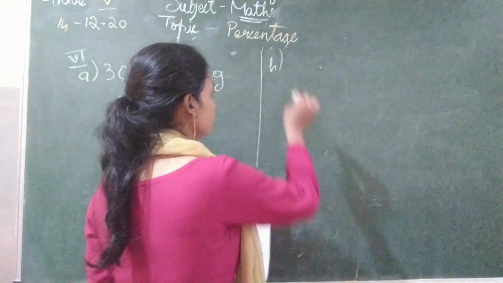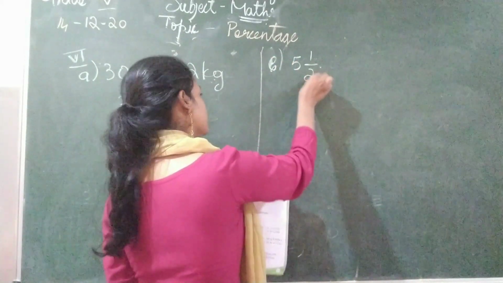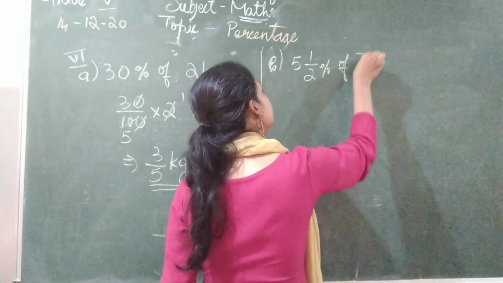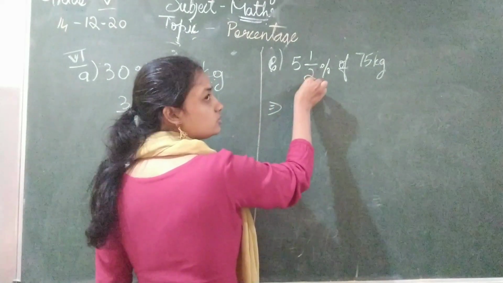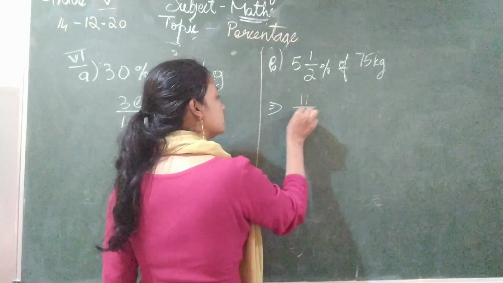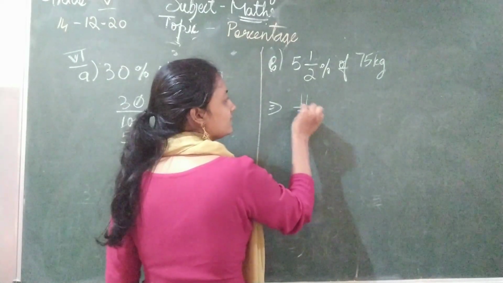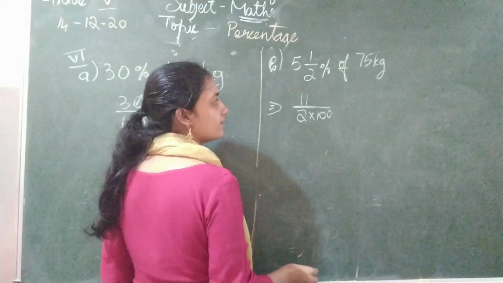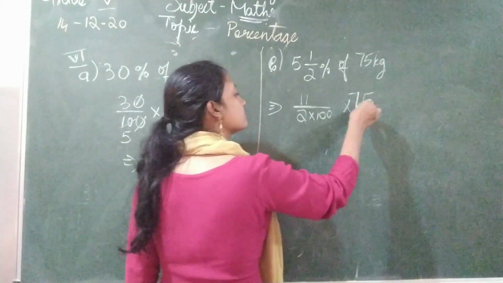First E. 5 1 by 2% of 75 kg. So convert this into an improper fraction. You get 11 by 2. And I have to divide it by 100, so I can just write into 100 in the denominator, into 75. So what do I get?